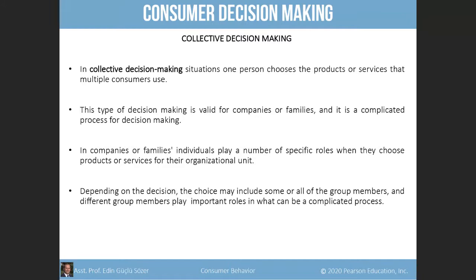In addition to individual decision making, we also have collective decision making. In collective decision making, more than one party is involved in the decision making process. Here we have families, households, and companies.